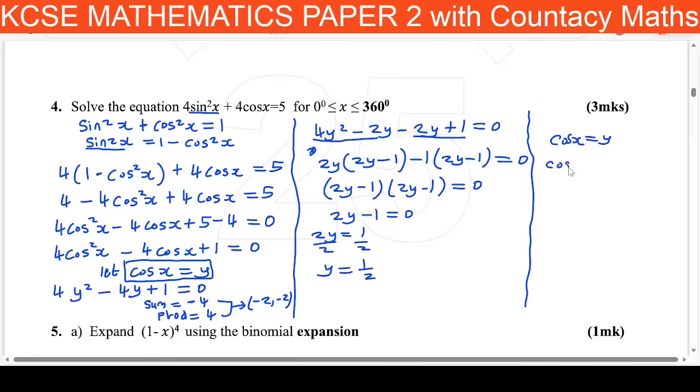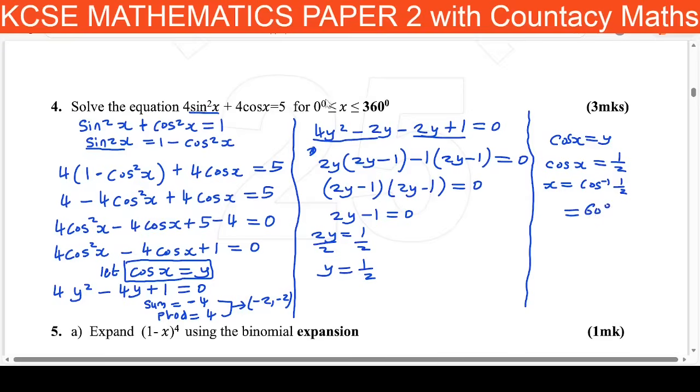Therefore, cos x, which you don't know, is equivalent to y. And what is y? y is equals to a half. Therefore, that would imply that x is the anticos of a half. So with that, you can find out what is the anticos of 0.5. The anticos of 0.5, that's gonna give you 60 degrees.